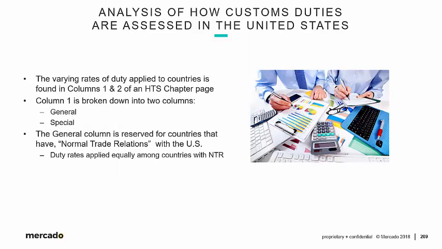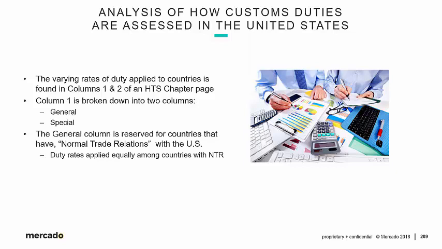But in bullet 1, the varying rates of duty applied to countries is found, as we saw, in columns 1 and 2 of an HTS chapter page. We saw a bunch of examples of that. We're going to look again, but this time from the perspective of assessing customs duties, which is driven by, among other things, the country of origin.